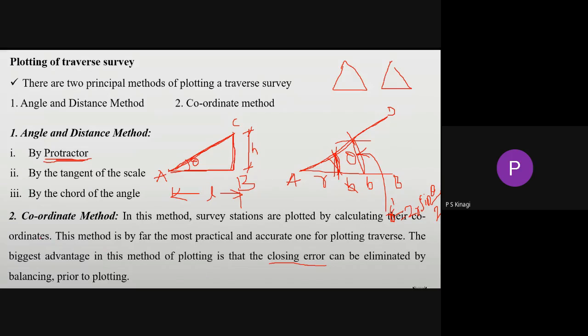If you draw this traverse work by using the coordinate method, the closing error that is there, you can eliminate by using balancing methods, by using coordinates with respect to points.